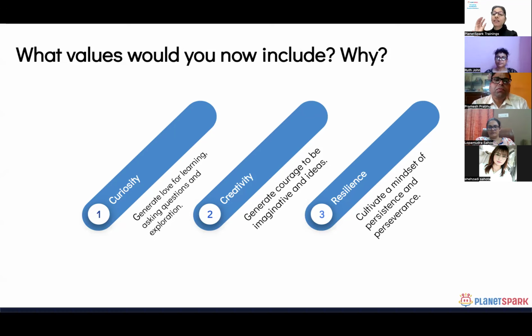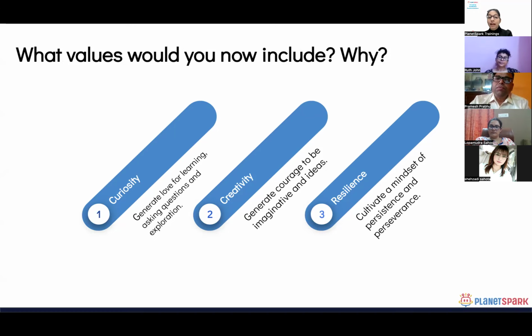So again, the next step, after vision and goals, is coming up with your values, being able to define these values, and then being able to say that, okay, this is the value, this is my definition, this is how it will lead to the vision. So basically, I can also use another phrase for it.